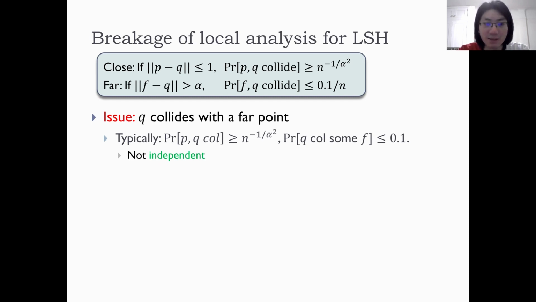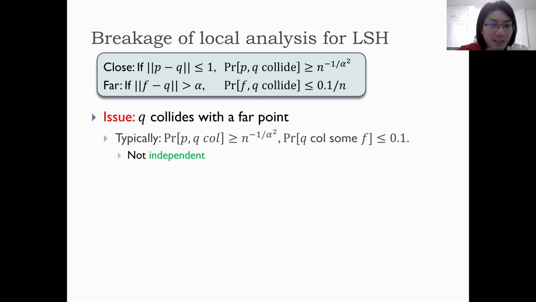And for far points, by union bound over all far points, which can possibly be n of them, the probability Q collides with some far point F is less than 0.1. As we can see, the latter probability is much larger than the former probability. And these two events are also not independent.